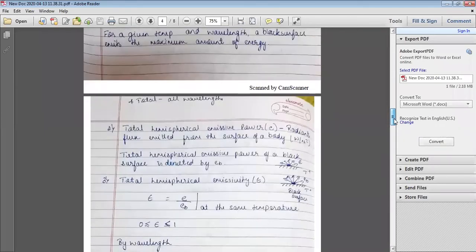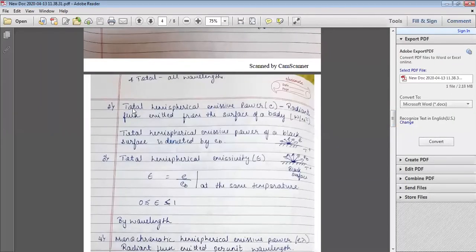The second point is total hemispherical emissive power. Some textbooks take it with a small e, and some take it as capital E. It is defined as the radiant flux emitted from the surface of a body, and it is given by watt per meter square.